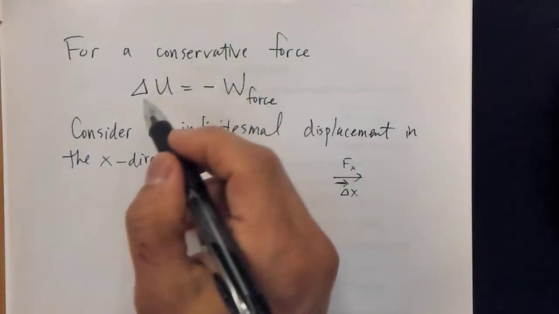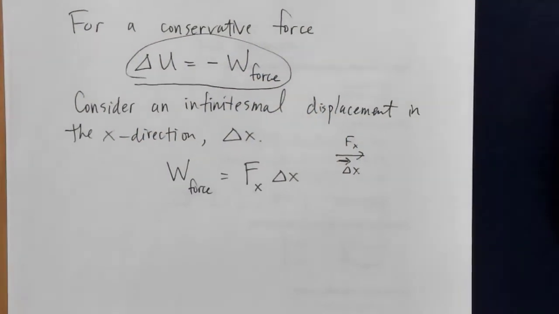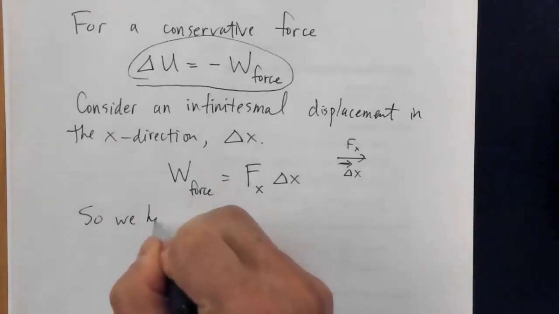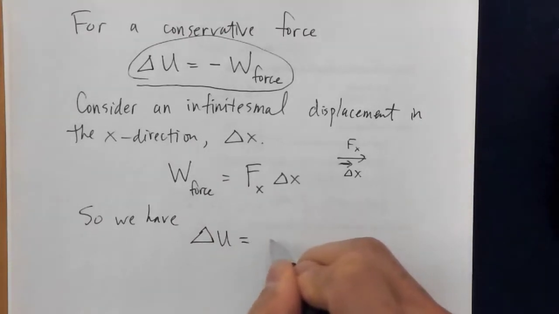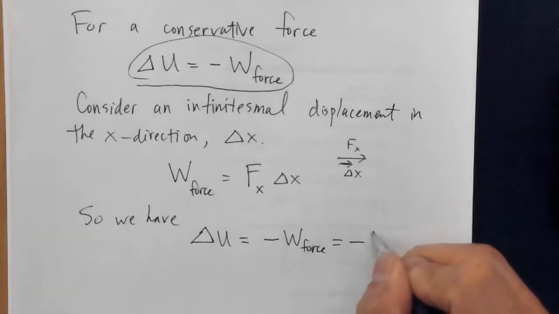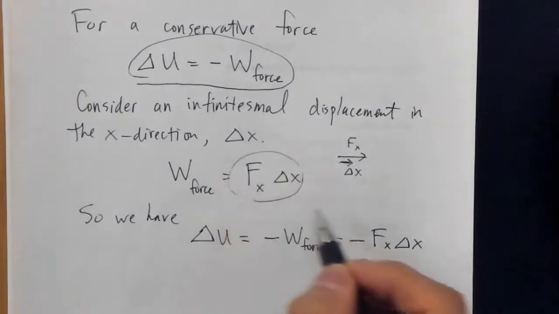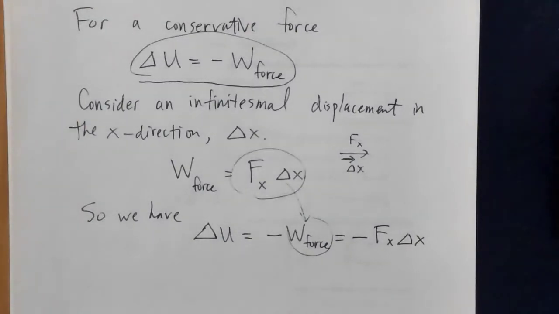But now we said that delta U is equal to minus the work done by the force. So we have also that delta U is equal to minus Fx times delta x. Just taking this here and putting it in for that. Now I'm going to do the sort of thing you do in your calculus class.